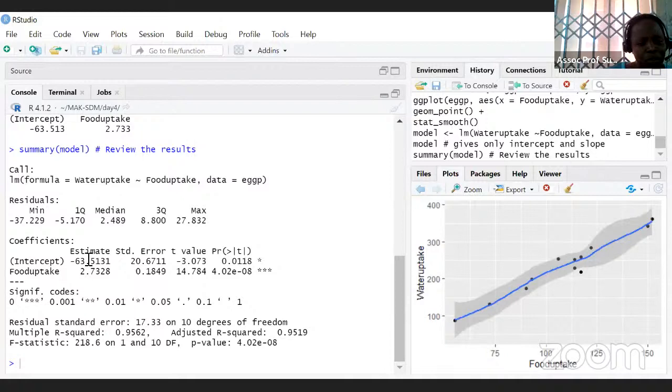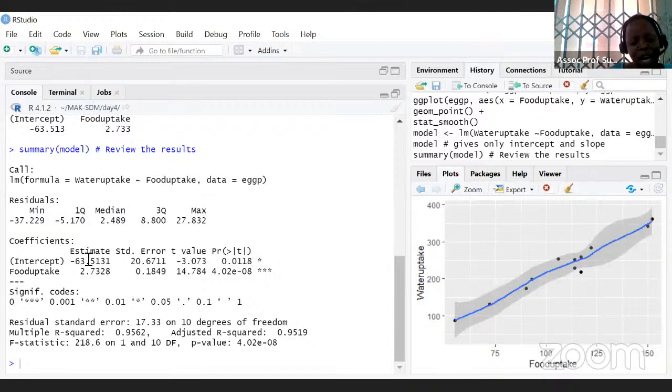For every unit increment in food uptake, water increases by 2.733 milliliter. So every time you put in 1 gram of food, then the bird is going to take 2.733 more milliliters of water.